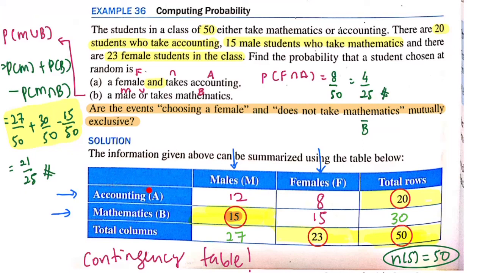This is your B. This is your B complement. Okay, so do you have an intersection of female and B complement? Yes, you have it here. This is the intersection of females and B complement. Therefore, the events of choosing a female and does not take maths are not mutually exclusive.